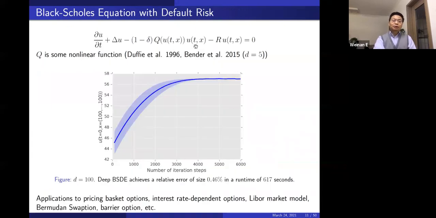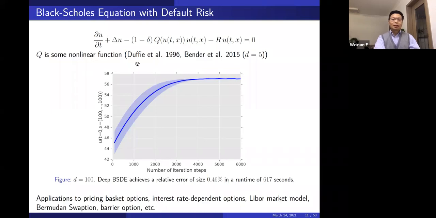Here's another example which turned out to be the most popular application right now for the deep BSDE method, which is some version of Black-Scholes equation. Here we consider Black-Scholes equation with default risk so that the equation becomes nonlinear. This particular model for modeling default risk is taken from this paper.